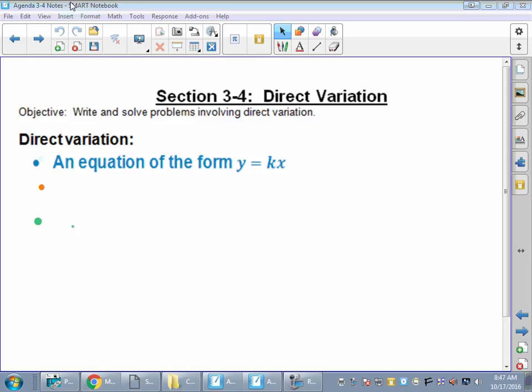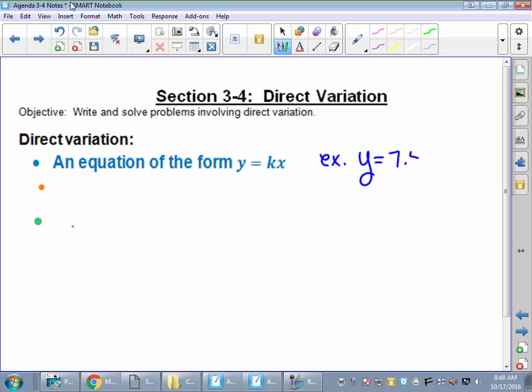First of all, it's an equation of the form y equals kx. So y equals something times x. That k will be an actual number. So for example, we might have y equals 7.50x. If I'm talking about that in terms of money, maybe that's the equation for your job. y equals $7.50 times x.